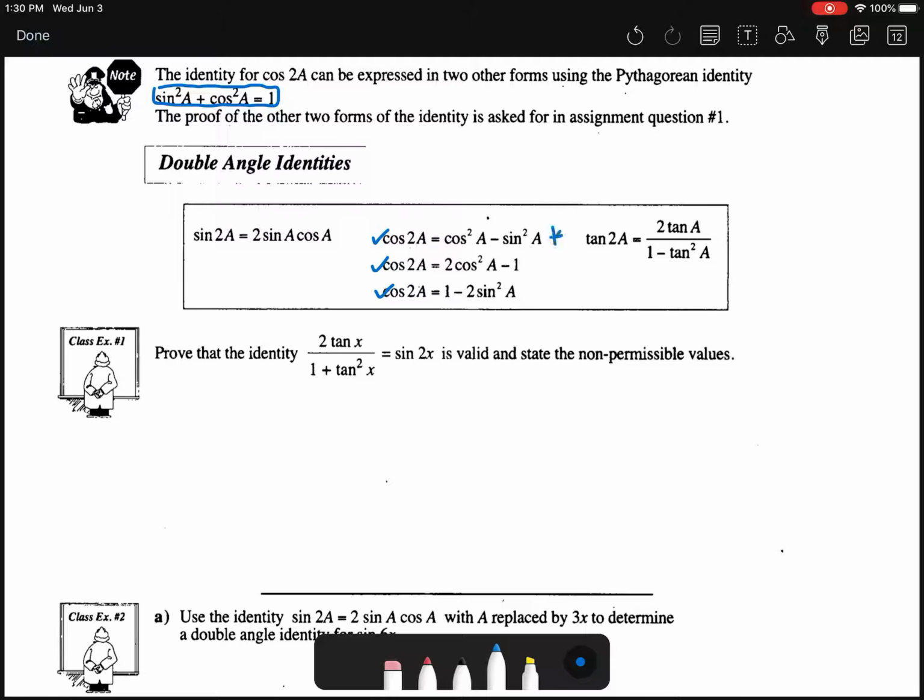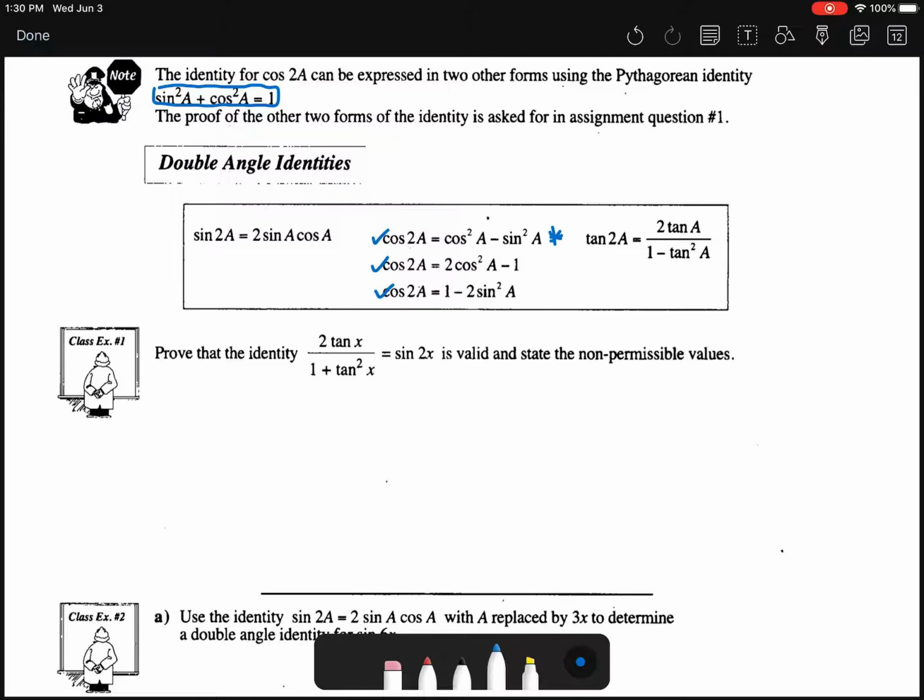So what happens is that I take the first one that they give me, okay, and in either one of them, I'm going to replace either the cos squared of A or the sine squared of A with 1 minus the other trig expression, and then I get one of the 2 that follow, okay?